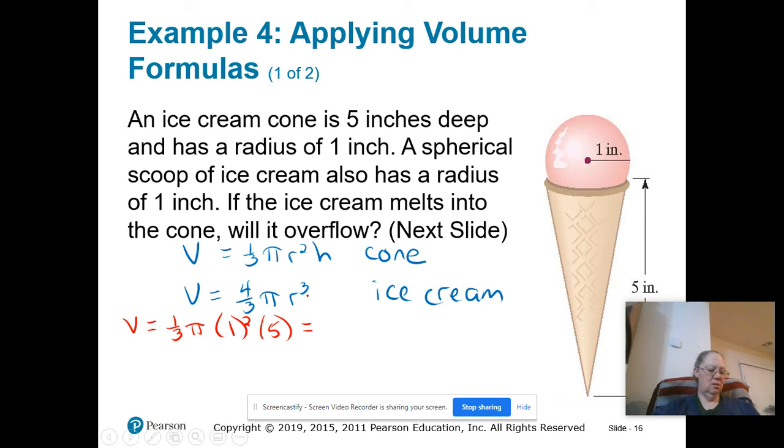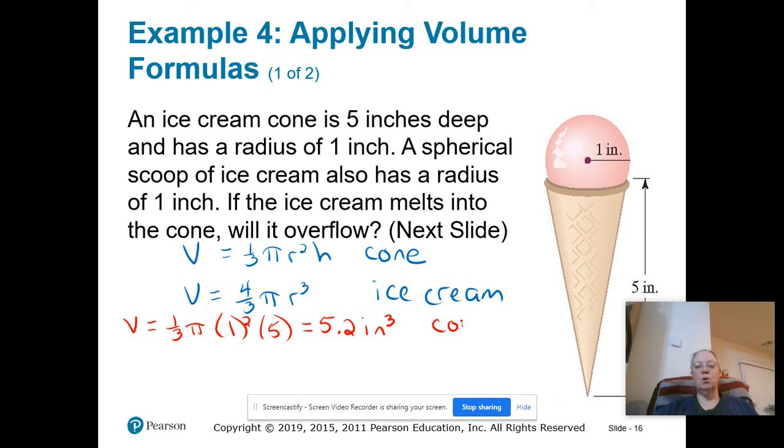And let's see. So 1 times 1 is 1, times 5 is 5, times, use the pi button. I get approximately 5.2 inches cubed. It is volume. We got to use inches cubed. All right, so that is for the cone.